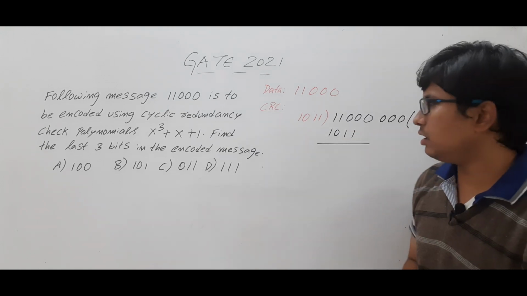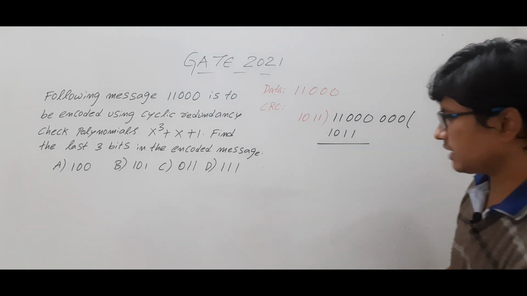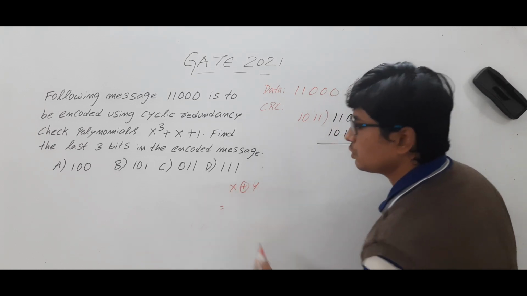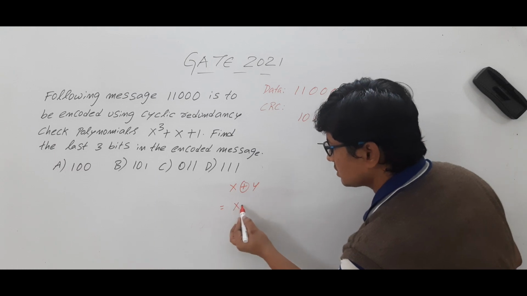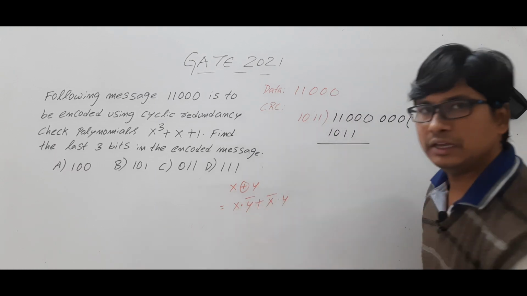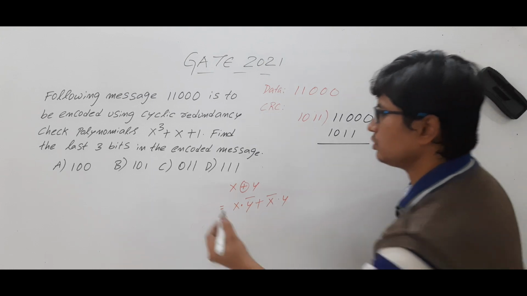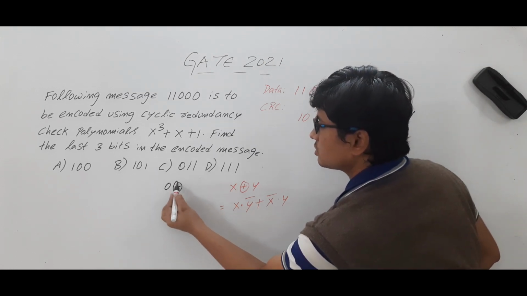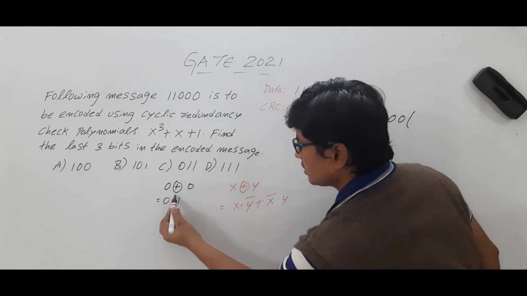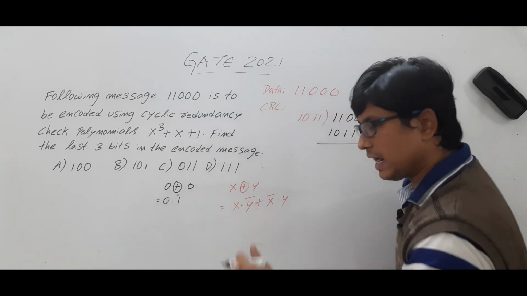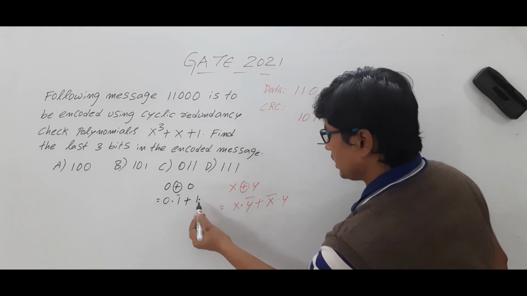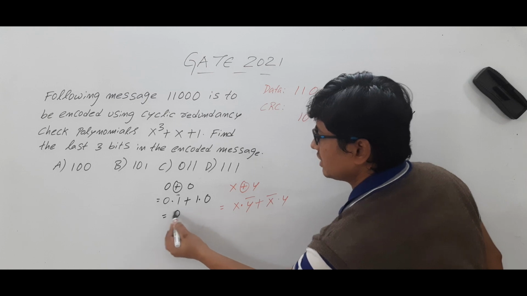Now if you do the exclusive OR, you know that exclusive OR gate. If you have x exclusive OR y, you can write it as x and y complement plus x complement and y. If you take 0 and 0, 0 exclusive OR 0, you will get 0.